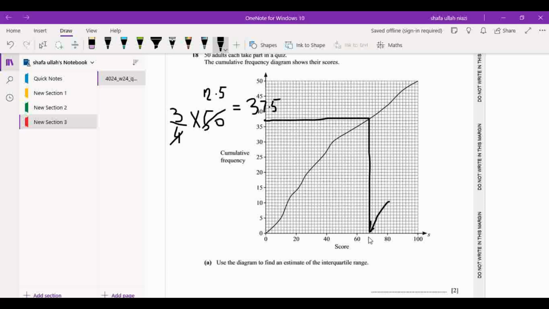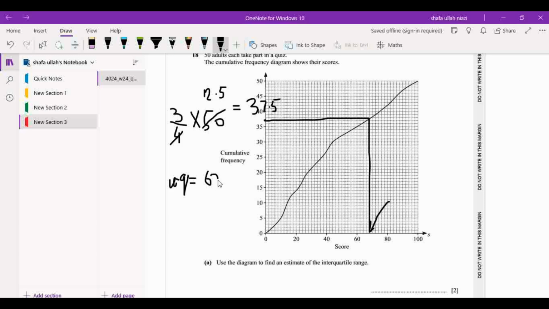So upper quartile is equal to what I got, 68.